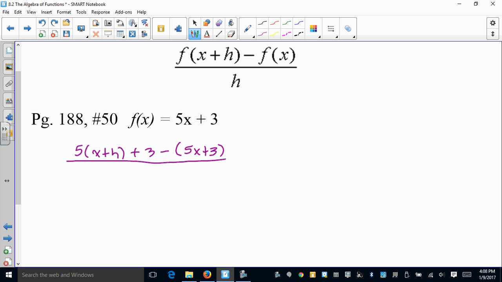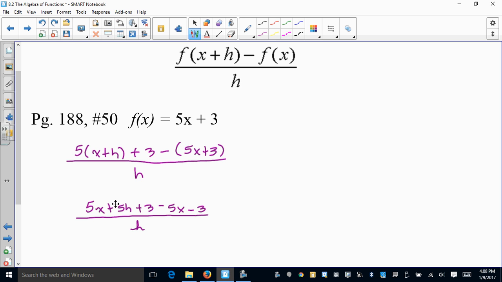So distribute the 5, I get 5x plus 5h plus 3, and then distribute this negative sign, minus 5x minus 3, all over h. Anything that does not have an h on it should cancel out.